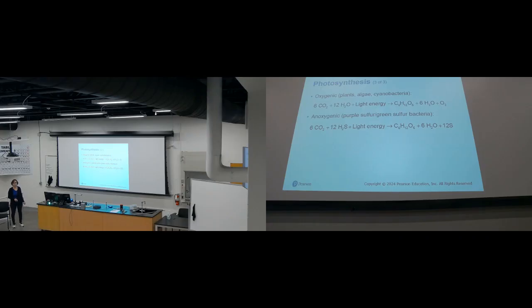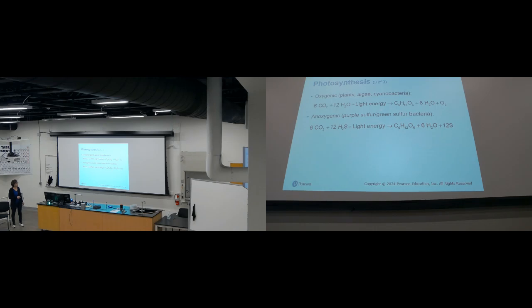We have organisms that don't produce oxygen. These are called anoxygenic. And we have anoxygenic bacteria like purple sulfur and green sulfur bacteria. Typically, these bacteria and cyanobacteria live in the oceans.